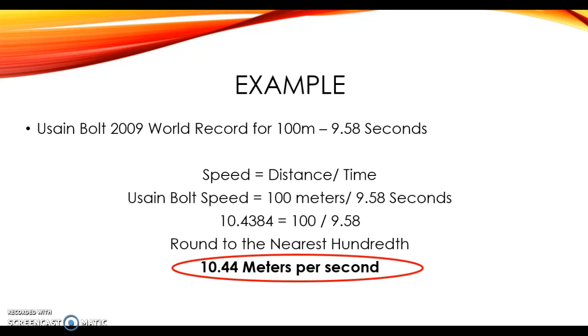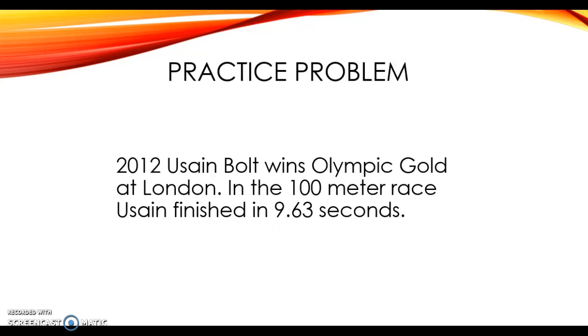I've done a little research and I want us to use one of Usain Bolt's other 100-meter run times to calculate his speed during that time. So this is going to be your practice problem. 2012, Usain Bolt wins Olympic gold at London in the 100-meter race.